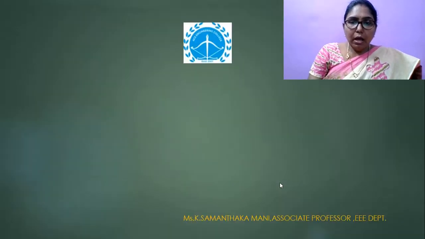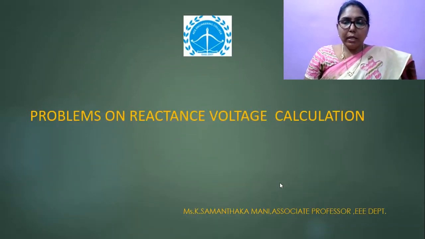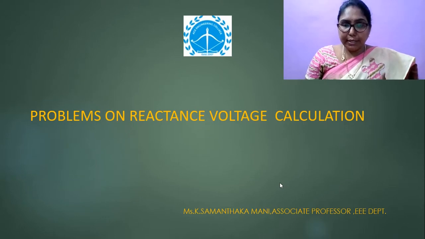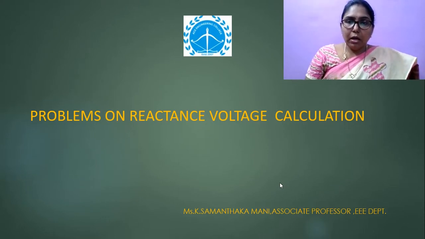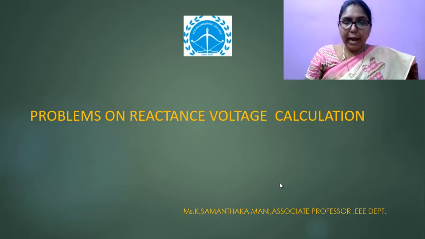So till now we have discussed the meaning of commutation in a DC generator, how this process goes in the DC generator, what is the meaning of ideal commutation, and what is the meaning of poor or bad commutation. And the effects of this poor commutation we have also seen.